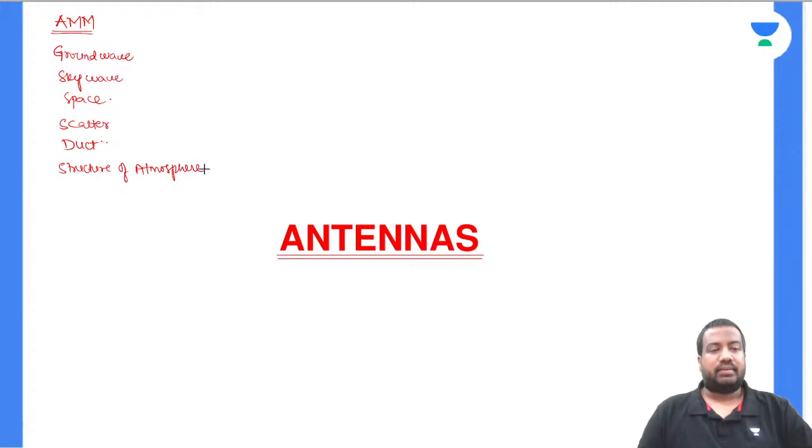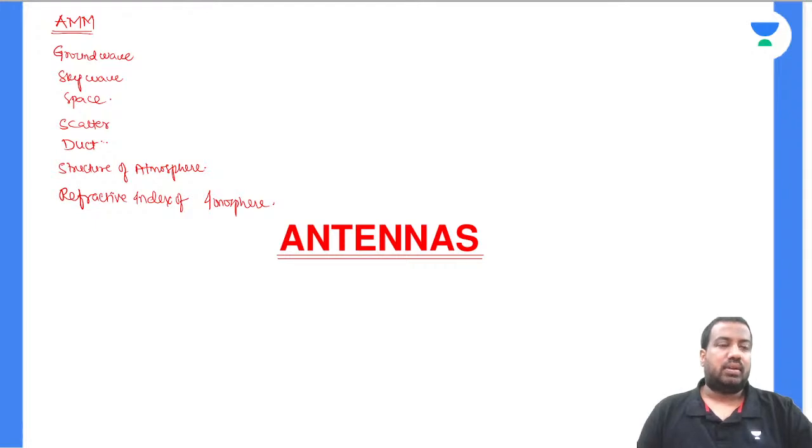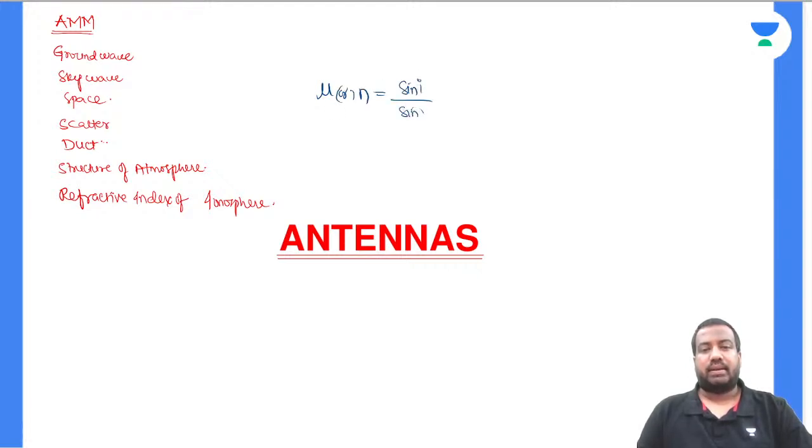And in the previous session, we had derived the refractive index of ionosphere, mu or n, which is sin i by sin r, equal to the square root of 1 minus 81 n by f squared. This is what we had covered.